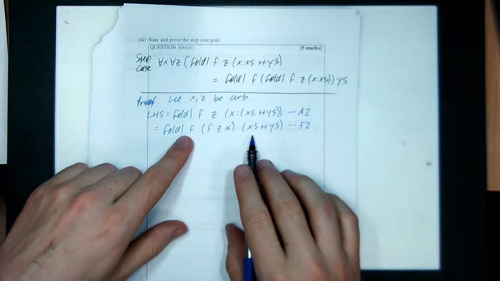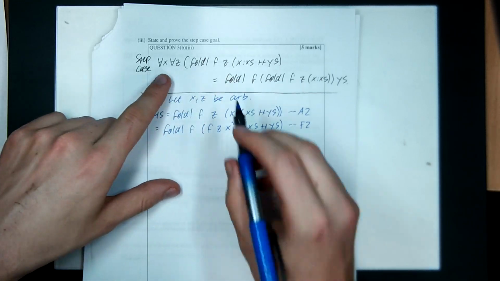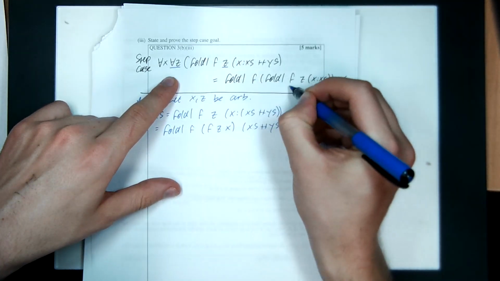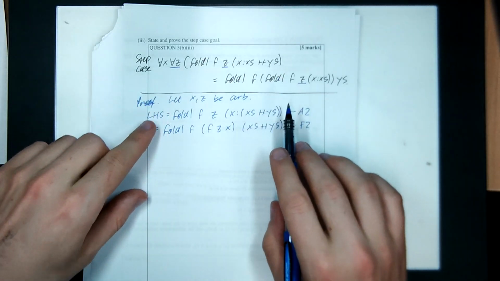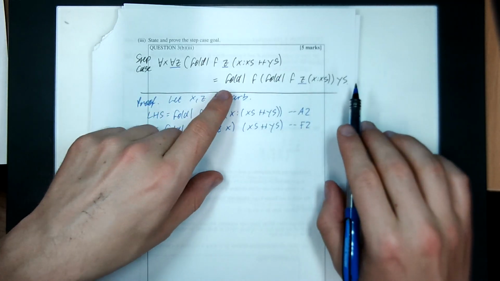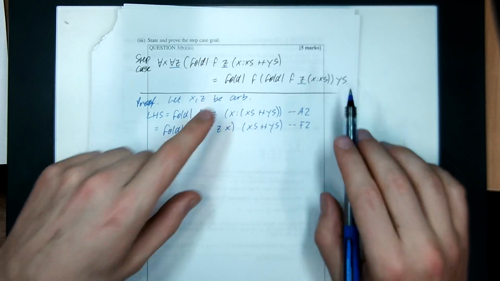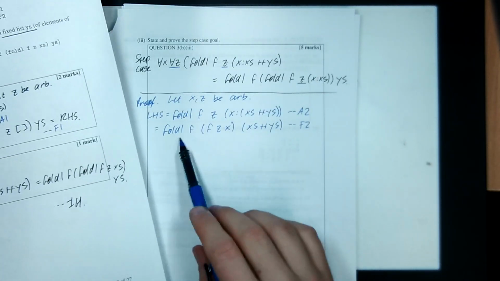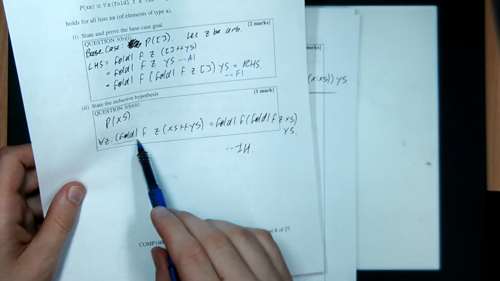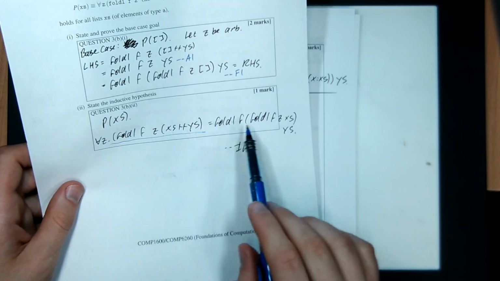And now this looks like my inductive hypothesis, because in the inductive hypothesis, it works for any value of z. So it's going to work for this whole value of z. So I can replace this thing with this thing. I'm sorry, that's not my inductive hypothesis. This is my inductive hypothesis. This term here looks like this term here. So I can replace this with that.